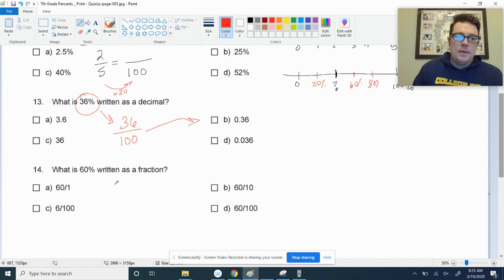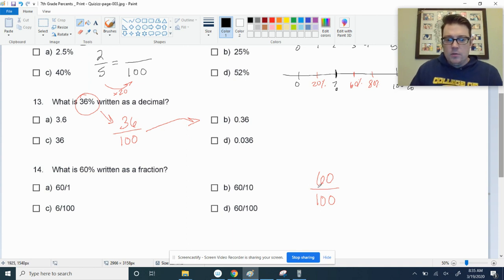Okay, and then lastly, the very last problem, number 14. What is 60% written as a fraction? So we got to write it as a fraction. So once again, I'd recommend saying it 60 per 100. And then you've got some reducing that you could do, but I don't believe that they give a reduced form in this. So they don't.